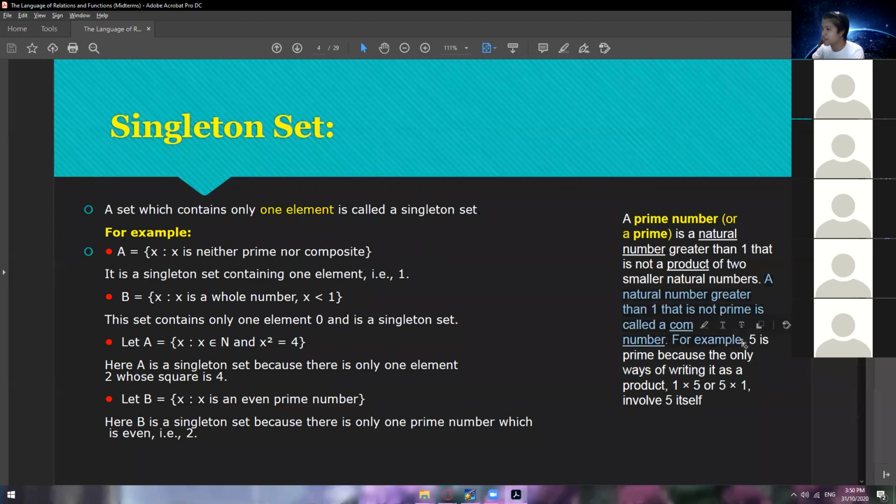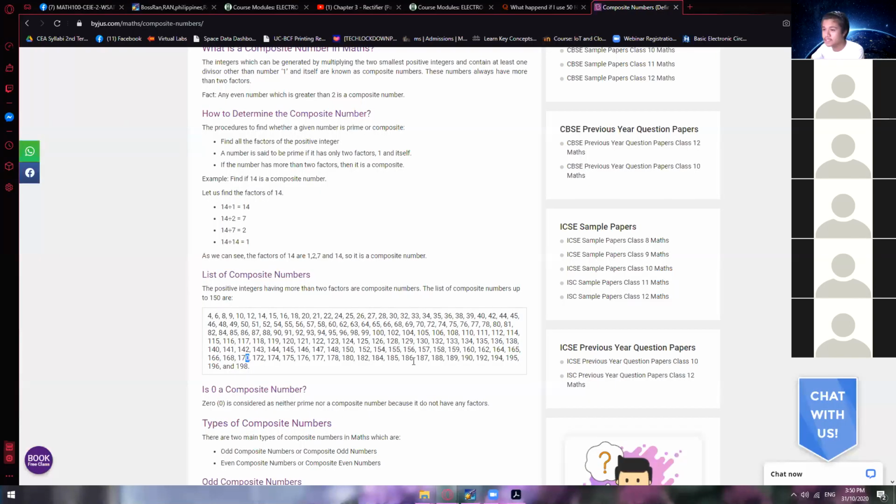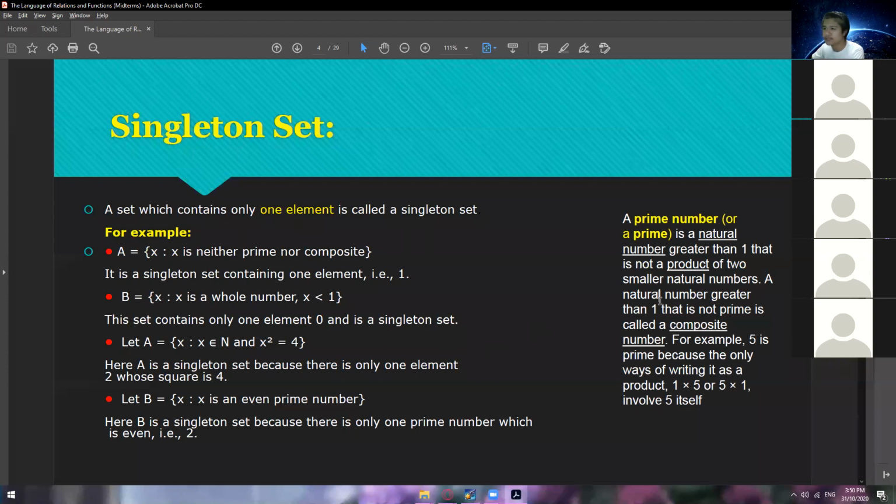For example, 5 is a prime number because the only ways of writing it as a product is 1 times 5 or 5 times 1. 5 times 1 involves 5 itself. Wherein in composite number, hindi siya kasama dito. So meron siyang pinagkaiba pero medyo similar sila.